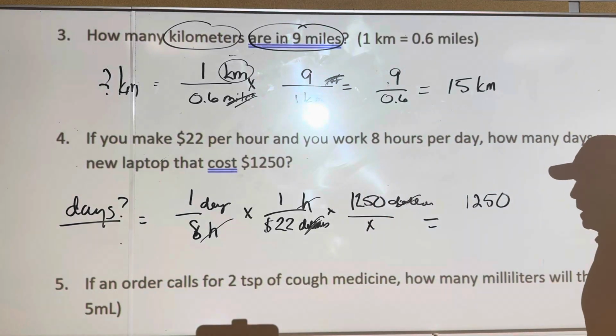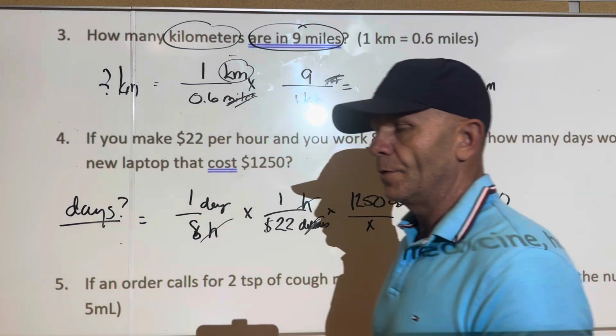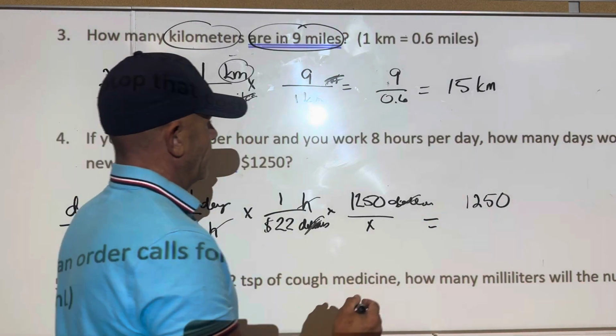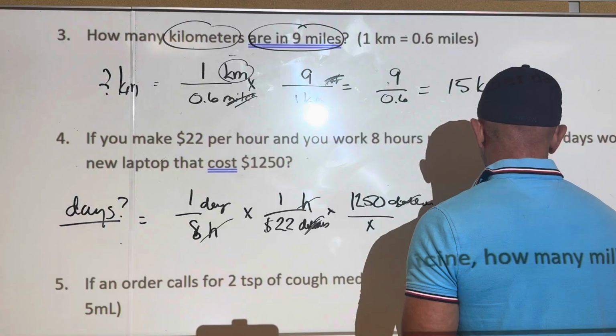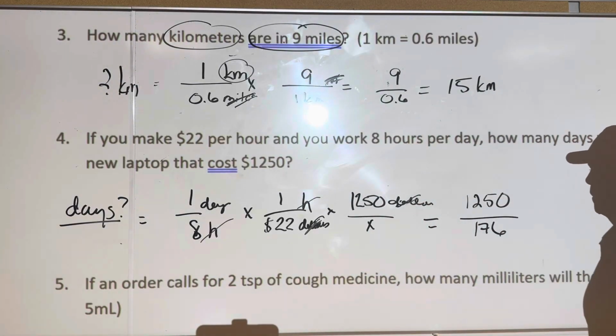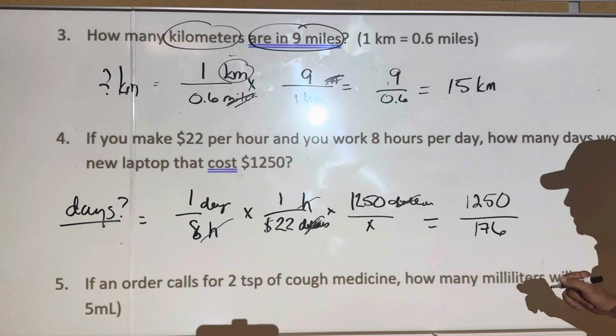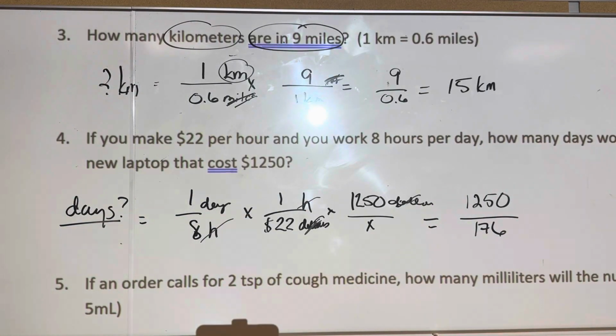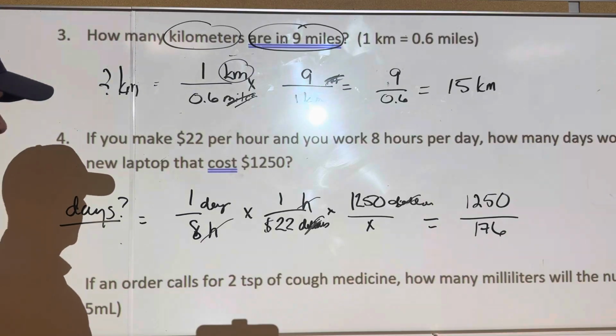Now we take 8 times 22. That gives you 8 times 22 is 176. Now, what do we do next? We divide the 1250 by 176.